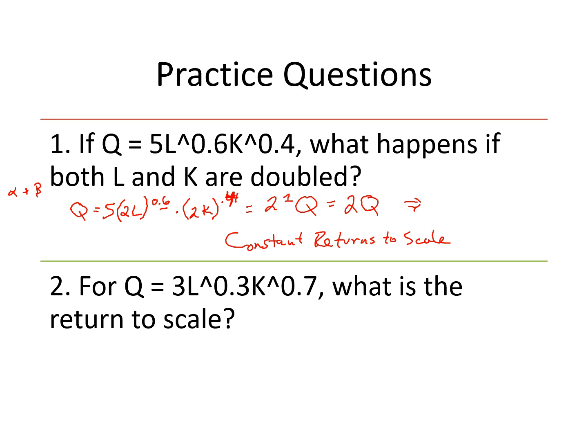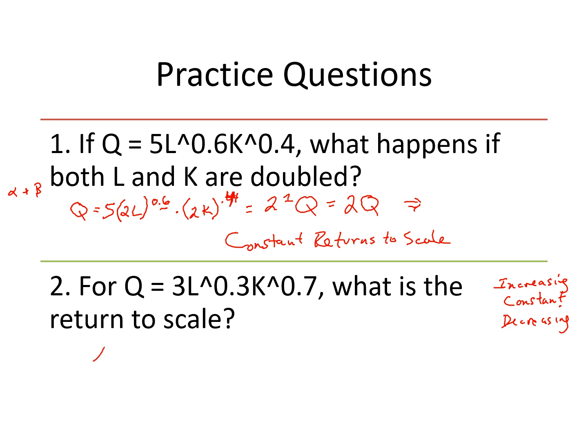All right, let's go on to the second one. It says for Q equals 3 times L raised to the 0.3 times K raised to the 0.7, what is the returns to scale? So remember, returns to scale could be increasing, it could be constant, or it could be decreasing. All right, so let's go ahead and work this out.